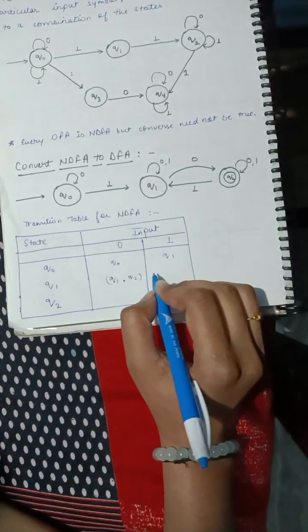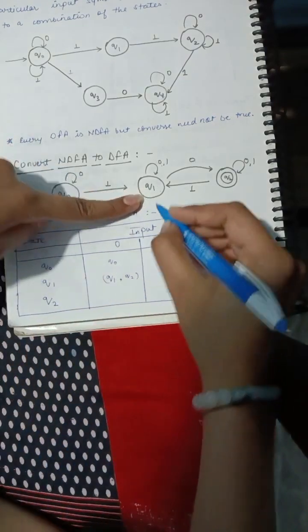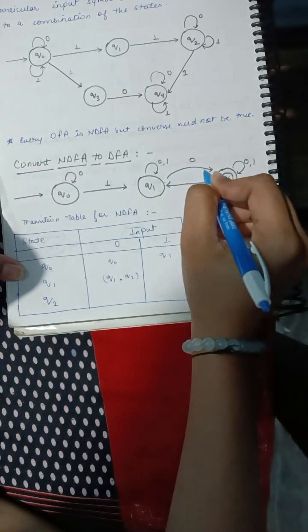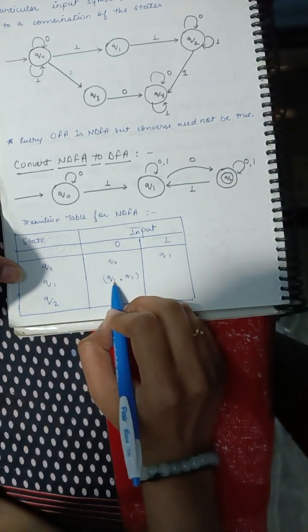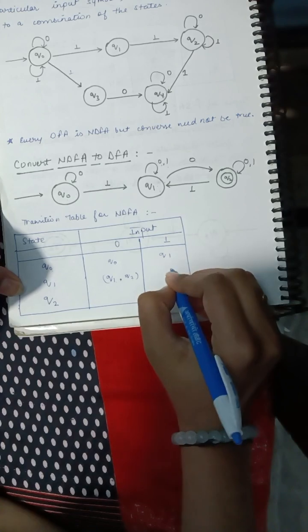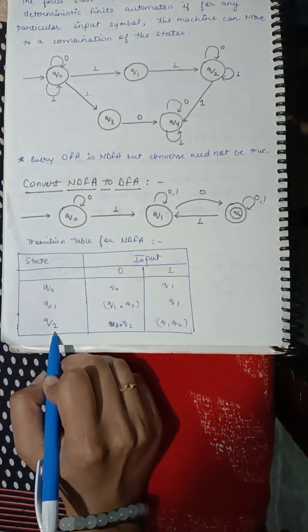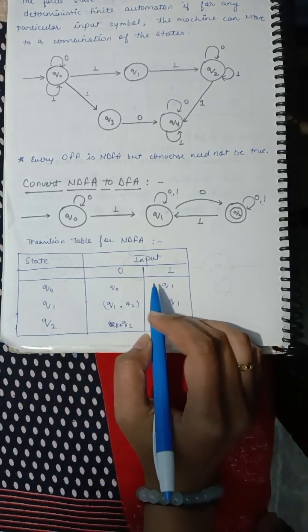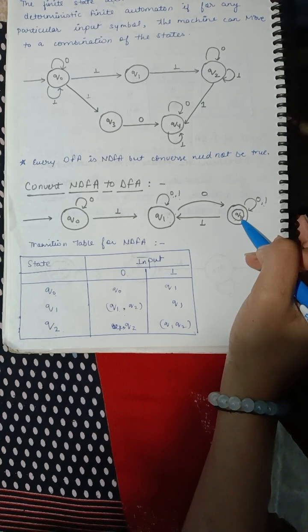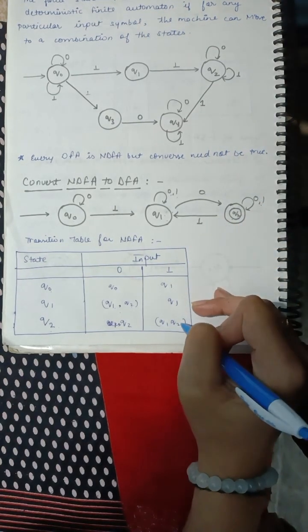So for Q1, at 0 it is Q1 comma Q2, and at 1 it is Q1 itself. Now for Q2, the input value at 0 is Q2 itself, but at 1 it is Q2 and Q1 also, meaning Q1 comma Q2.